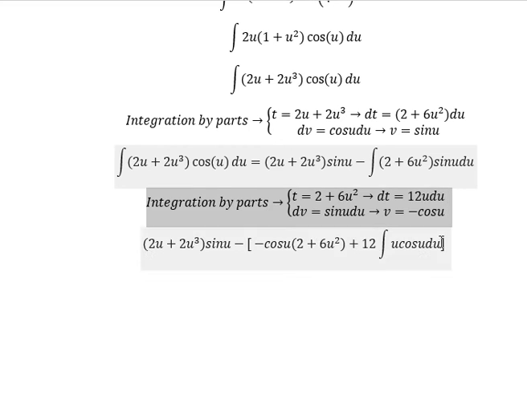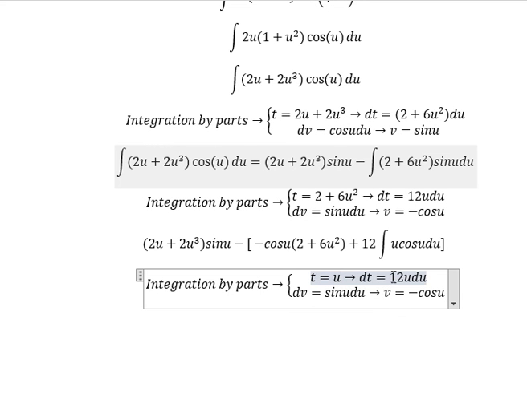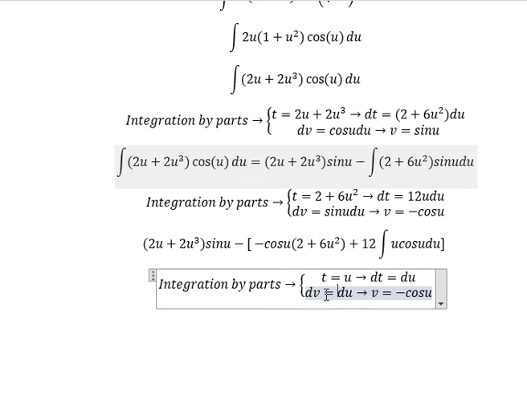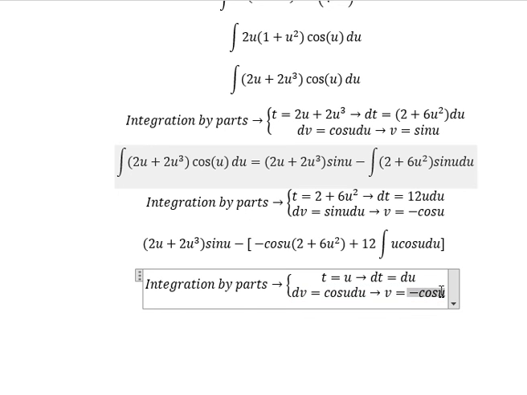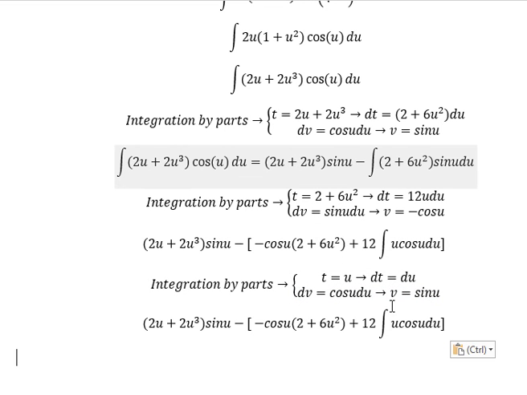Now we use integration by parts, and this time you got u. This one you got du. Cosine u we put in here. Now this time we got sine u. So we have t multiplied by v.